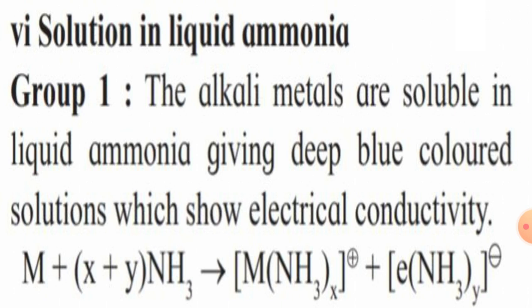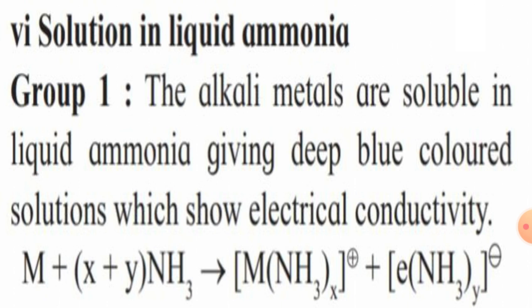Solution in liquid ammonia. Ammonia is NH3. The alkali metals of group 1 are soluble in liquid ammonia. When we add an alkali metal, a group 1 element, to liquid ammonia, the color changes to deep blue.